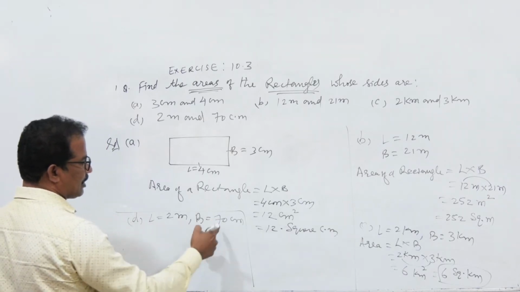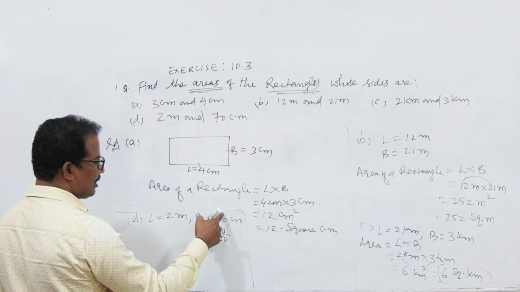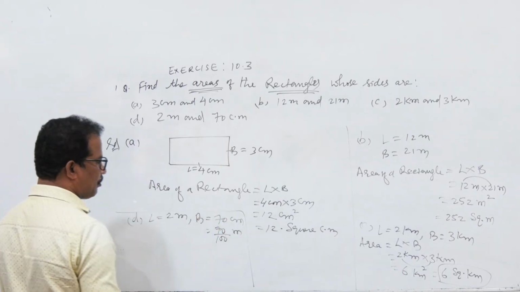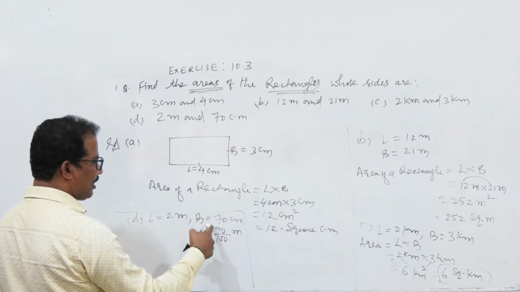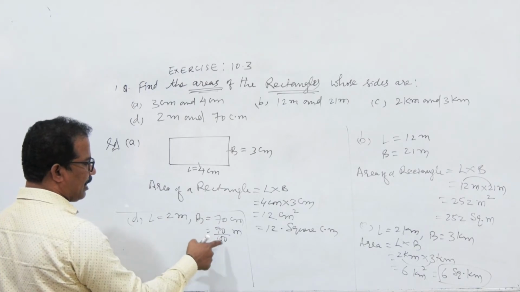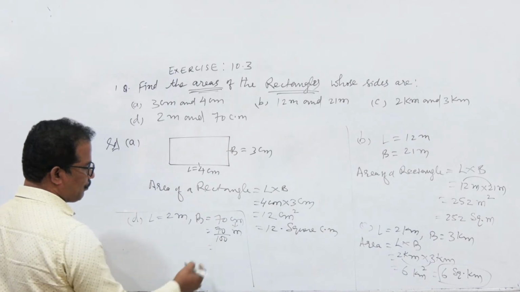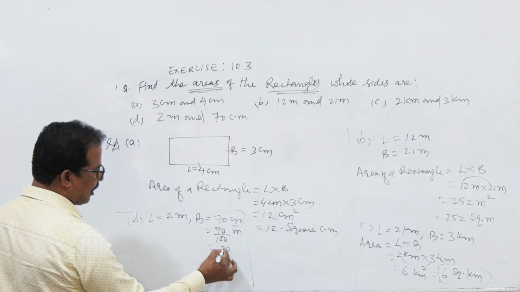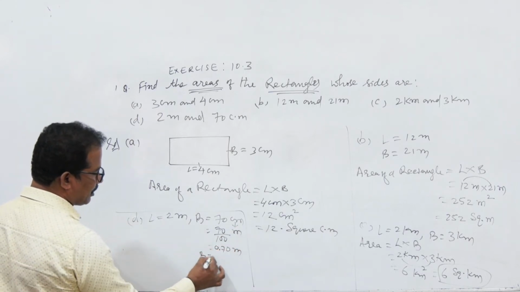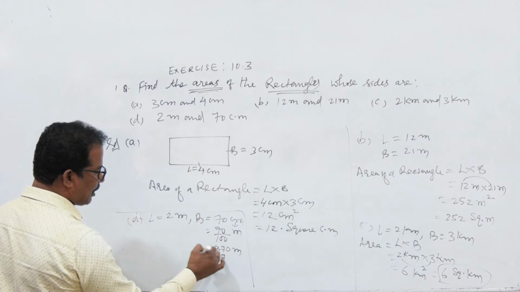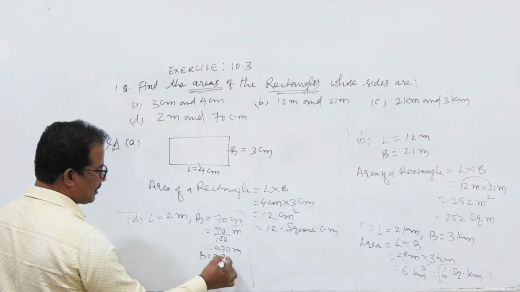If we convert centimeter into meter, we have to divide 70 by 100, because we know that 100 centimeters is equal to 1 meter, so 1 centimeter is equal to 1 by 100. That converts the unit into meter. If you divide 70 by 100, the decimal point moves two digits from right to left, so the breadth is 0.70. The last 0 we may omit and write 0.7 meter only.